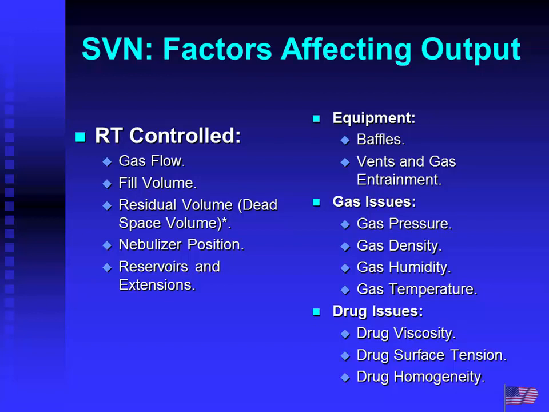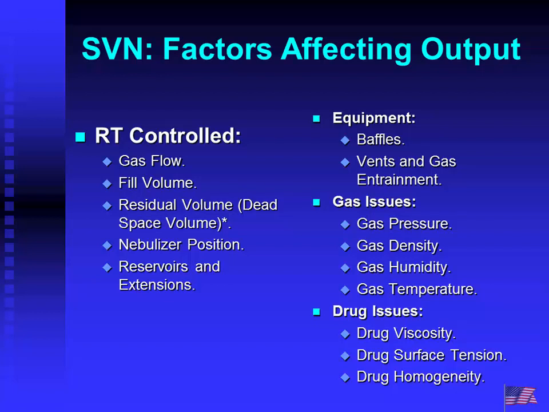Other factors that affect it as far as the equipment, how the baffling goes on to remove those larger particles, what kind of gas are we using. Typically it's not a big deal, but the gas pressure certainly is. In the hospital we have 50 psi powering it, but what about in the home?